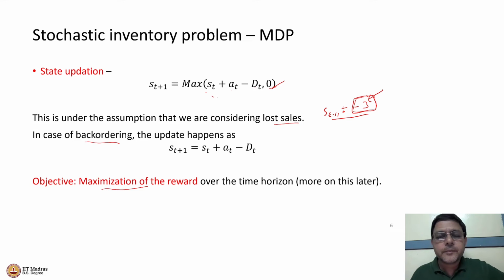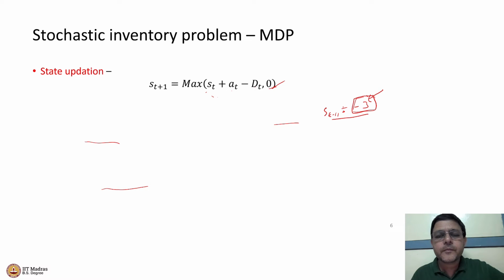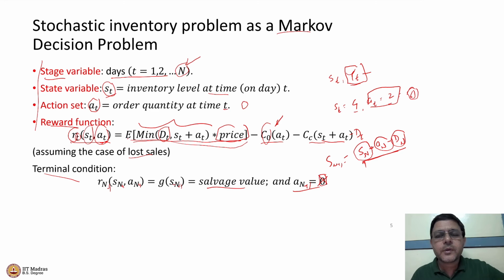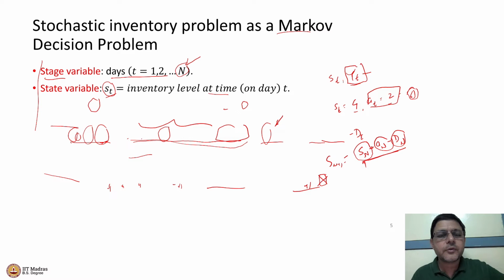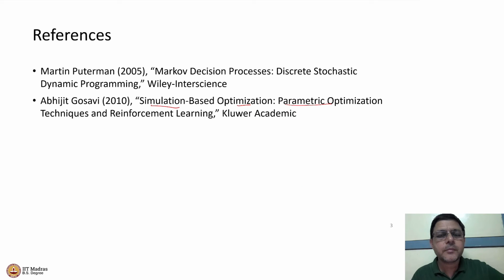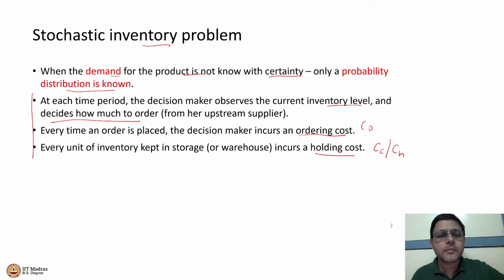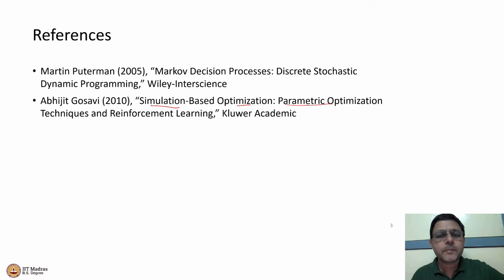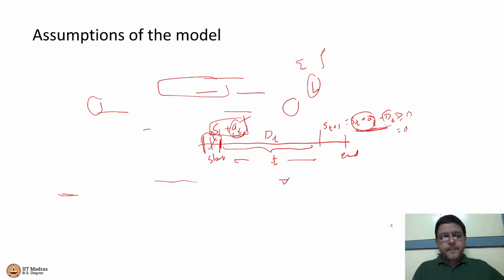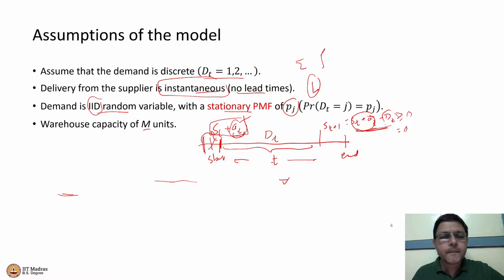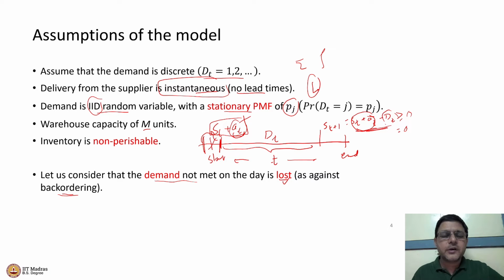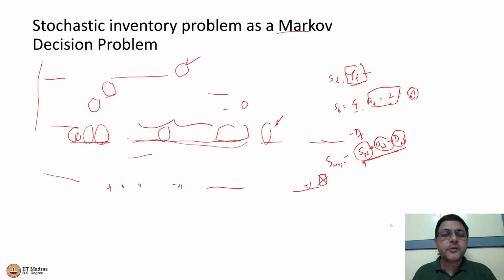So now that I have come back, let me show you that warehouse capacity was M. So we will not allow the state variable to become more than M, because that's the warehouse capacity.